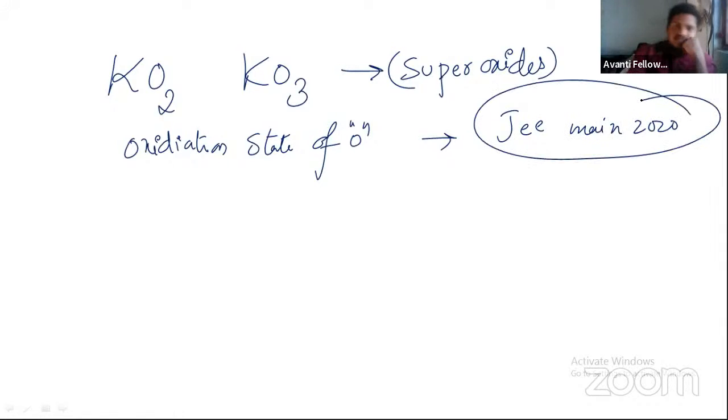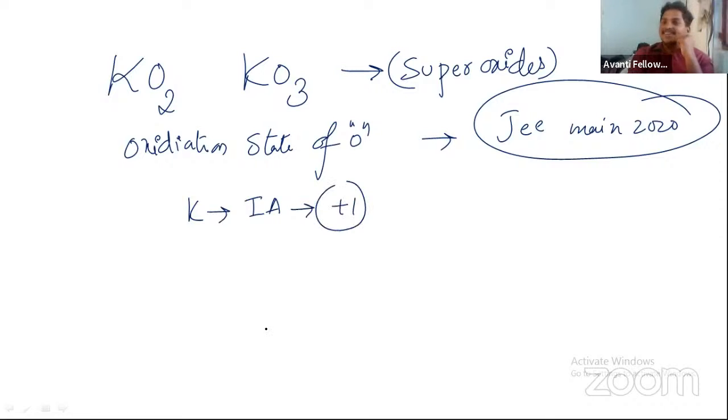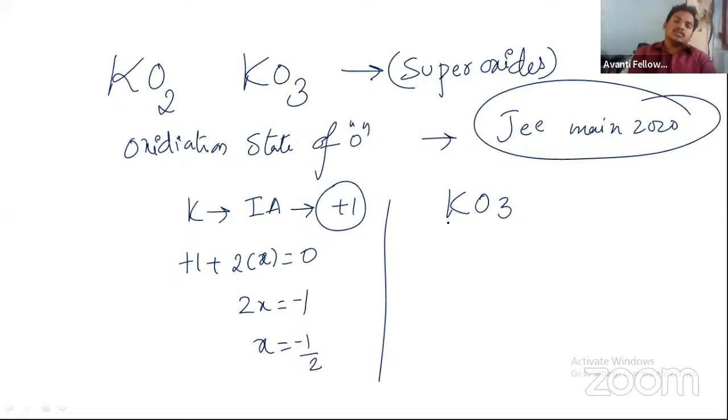A question was asked in 2020. How do you do this? You know K is a group 1A element, so its oxidation state is +1. So +1 plus 2 into x equals 0. You want the oxidation state of oxygen, so 2x equals -1, then x equals -1/2. For KO3, +1 plus 3 into x equals 0, then x equals -1/3.